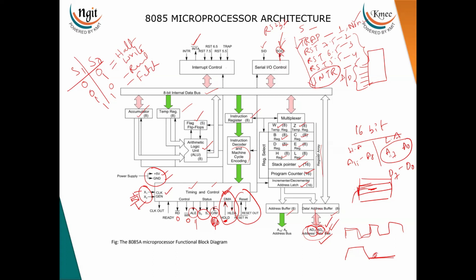If the processor is receiving data from the internet cable or RS-232 cable, it will receive the data through the SID pin in serial manner, and the serial IO controller will convert the serial data into parallel and give it to the 8-bit internal data bus. Now this is about the complete architecture of the 8085.